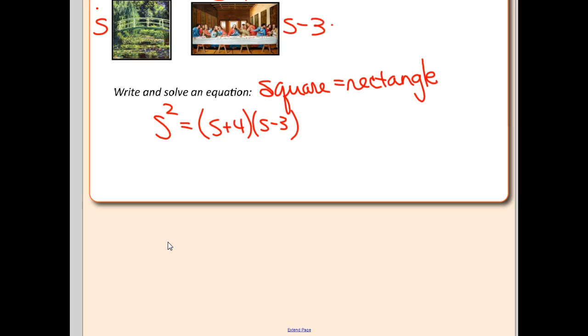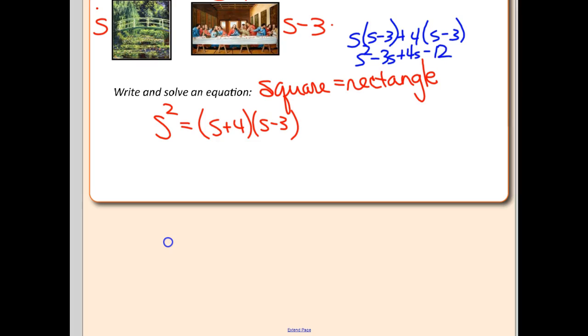Now I'm going to use distributive because I got some room up here. So remember, we're going to take the first binomial part, s, and multiply by s minus 3, plus 4, and then s minus 3. So we've got s times s is s squared minus 3s plus 4s minus 12.